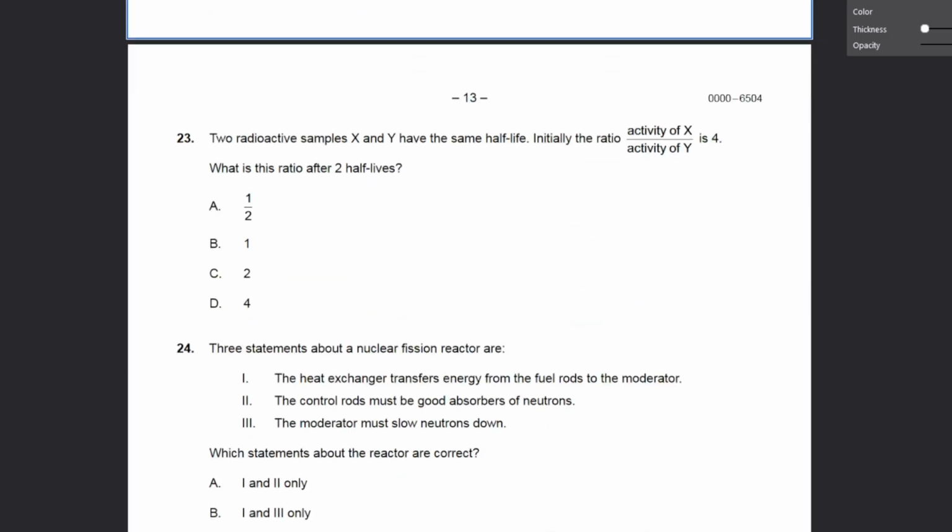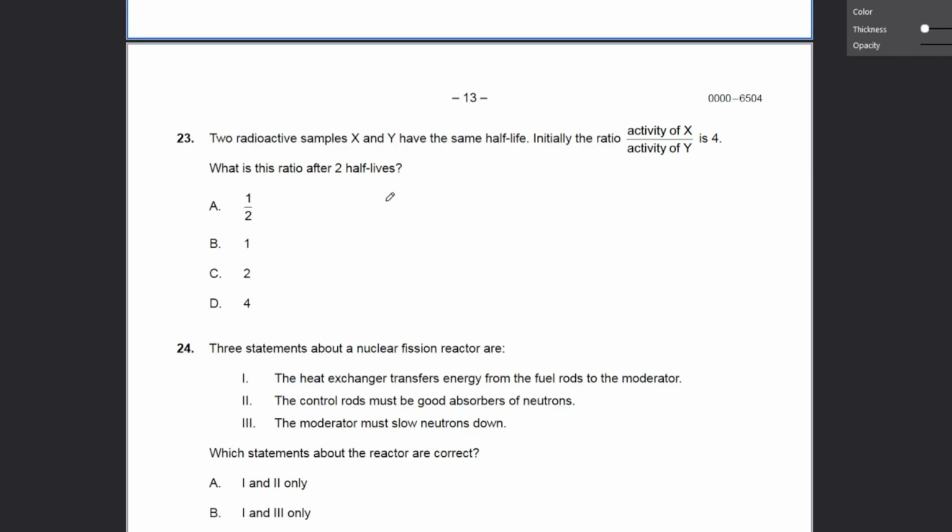Alright, question 23. 2 radioactive samples X and Y have the same half-life. Initially, the ratio activity of X over activity of Y is 4. What is the ratio after 2 half-lives? Alright, so think of what a half-life means. That means the activity is going to decrease by 2 every half-life.